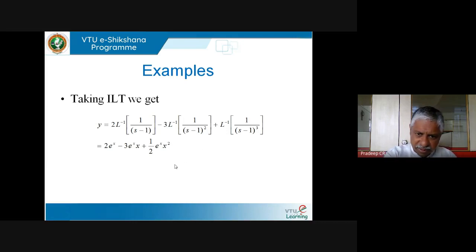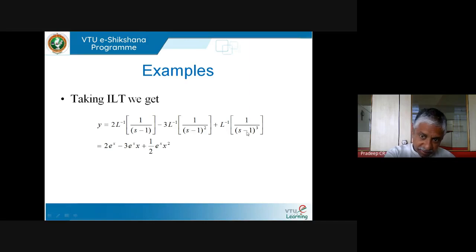So this will be x, and where did that e power x come from? It came because instead of s, I have s minus 1. So I had to take out s minus 1. Instead of s minus 1, I'll write s. Laplace inverse of 1 by s minus 1 square, I'll write as Laplace inverse of 1 by s multiplied by e power x. That's what I have done here. So minus 3 times e power x into x.